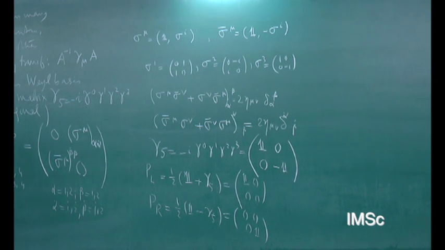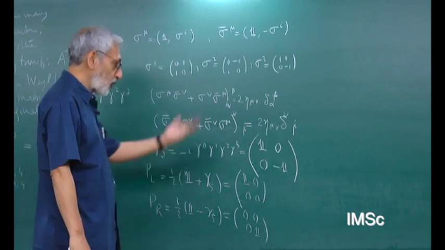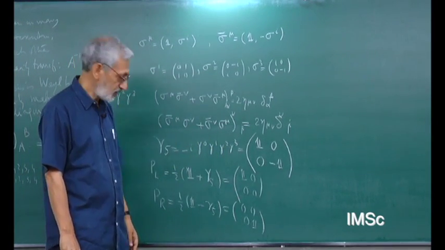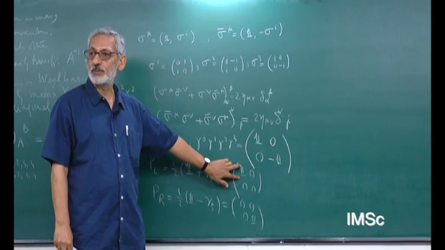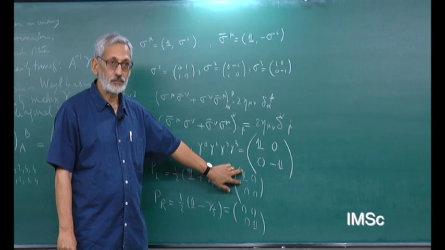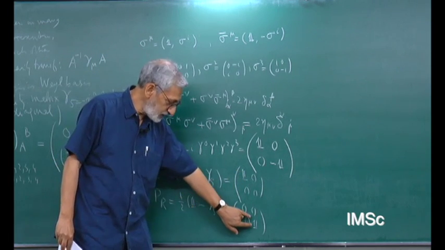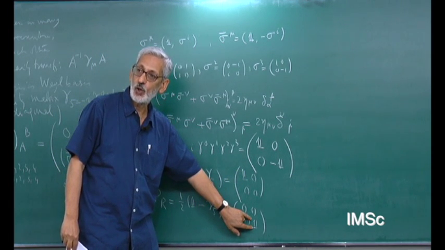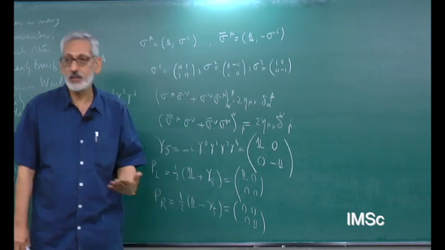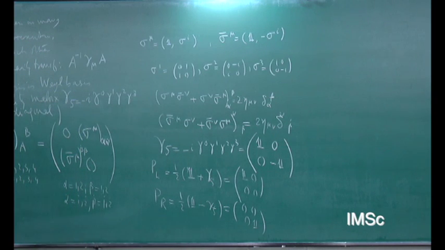So what it tells me is that if I project a 4 component Dirac spinor through a left projection to pick up the left component part, all that will appear is the first 2 components of the Dirac fermion. And if I want to project the right one, then it will have the lower 2 components of the Dirac fermion. Which means in this basis, we have placed the left part of the Dirac fermion in the upper 2 components, and the right part in the lower 2 components.